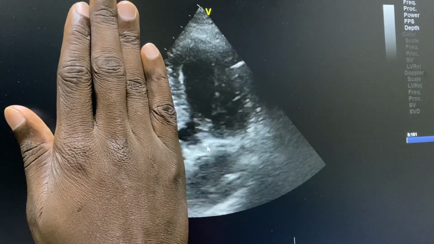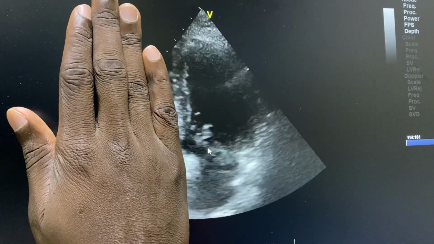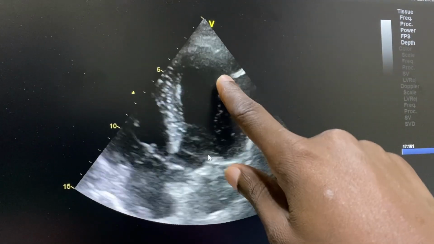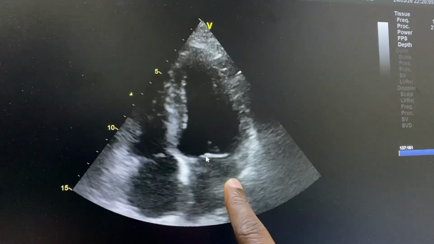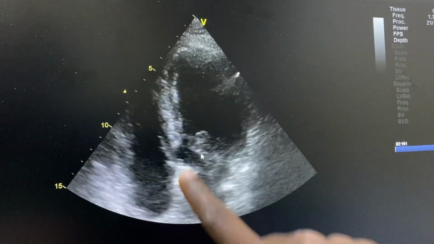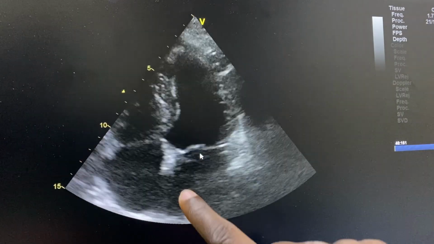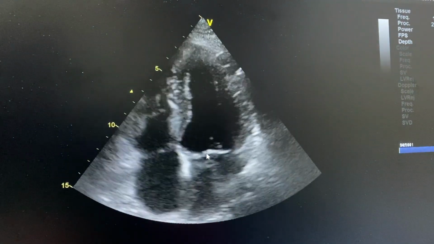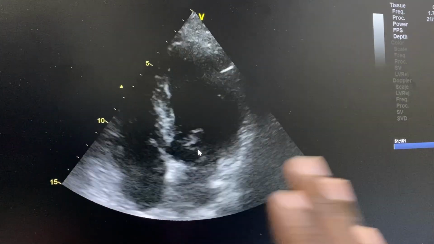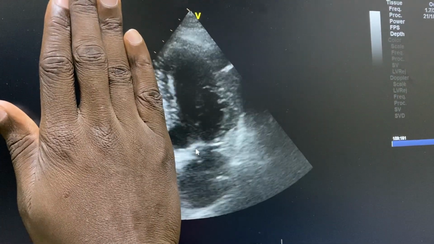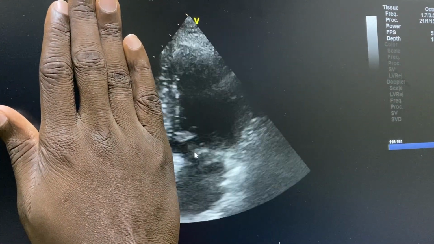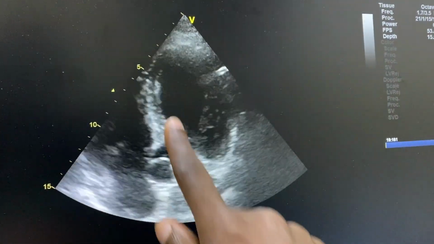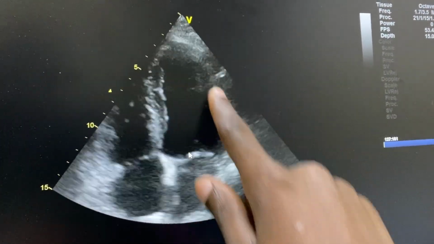Then on the right, this side, we shall be seeing the anterior wall this side, and here it will be inferior wall. I don't want to confuse you with this one, but just know in 2 chamber, this one is not showing. We only have left ventricle and left atrium. And if it's like that, then this side will be inferior wall and this one will be anterior wall.